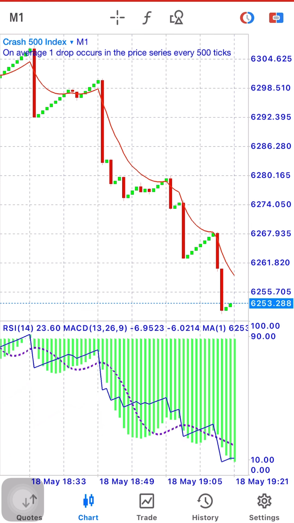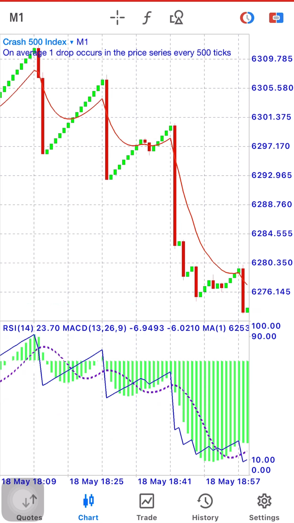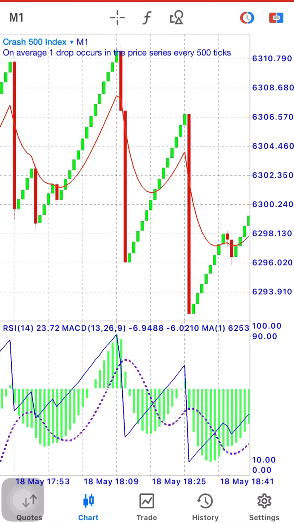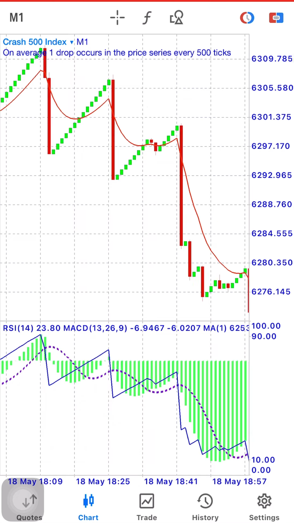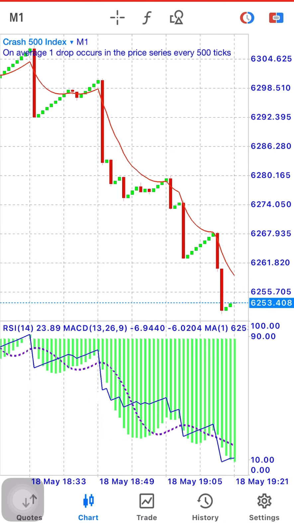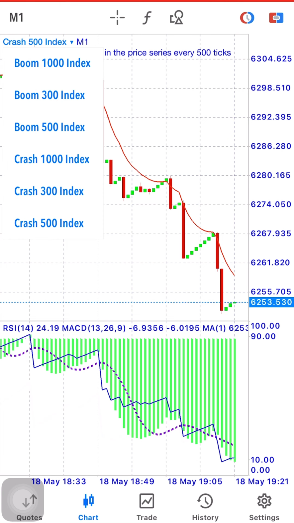So another spike is likely to happen here, because there have been a series of spikes happening from this point down to here. So approximately another spike might just occur here. So we can't enter this market now. We can't even take even 1 candlestick.